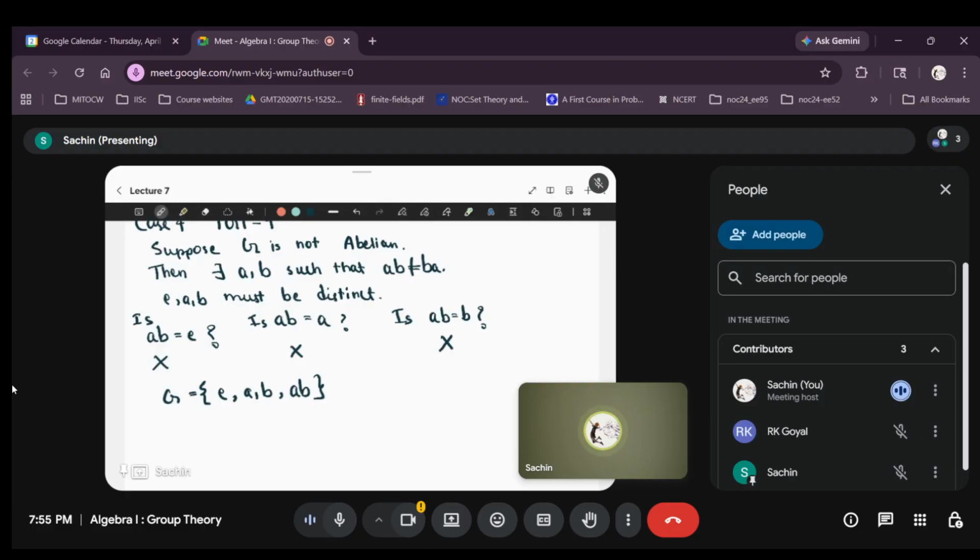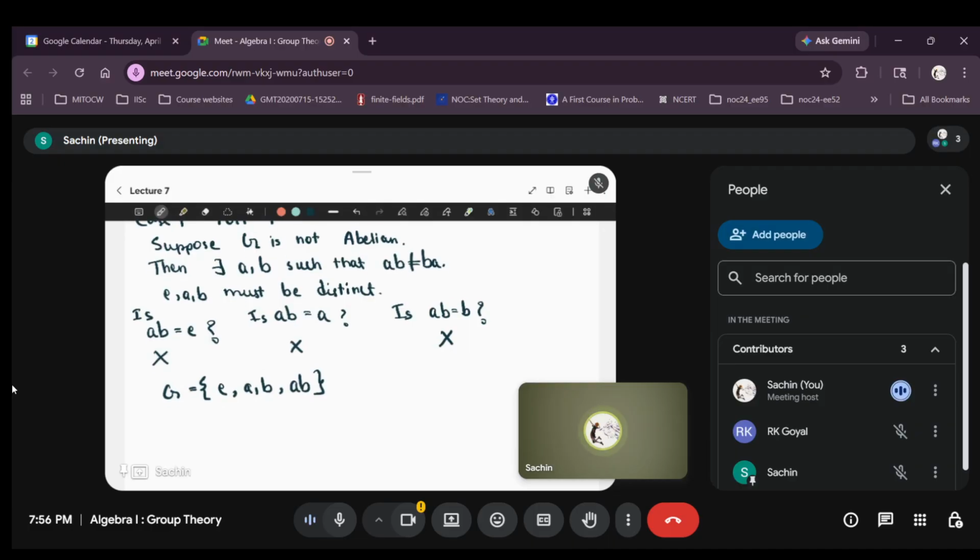So we already have four elements. Whatever AB is, whatever A times B is, it can be some other element. You can call it C if that is more convenient. But whatever it is, that is the fourth element of the group, if the group is not abelian. So it must be of the form E, A, B, and AB. Correct?